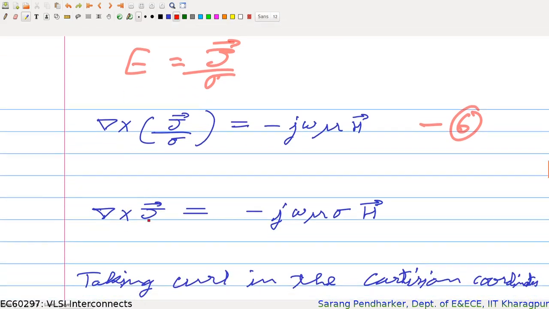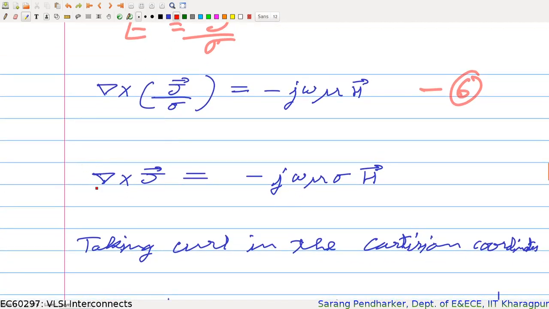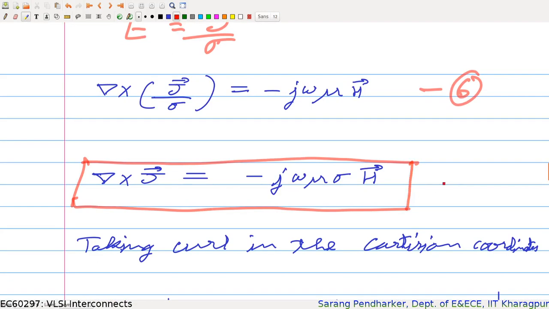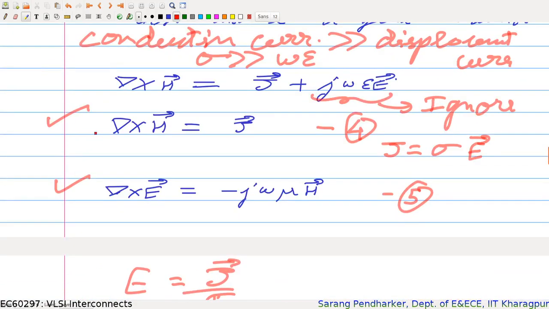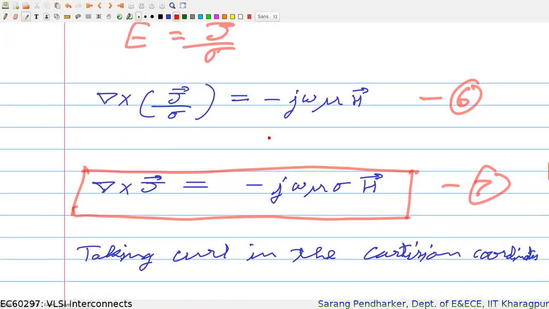I have this equation, I can rewrite it, and I can write this as curl of J. So now I have two equations. One equation is curl of H is equal to J, and then I have the equation curl of J, which is equal to minus j omega mu sigma H.